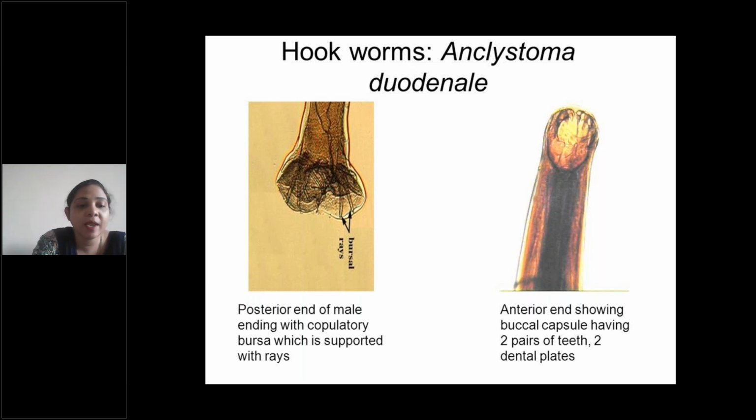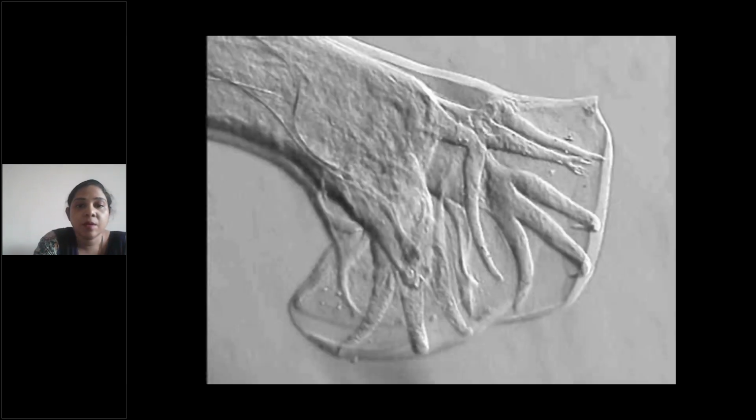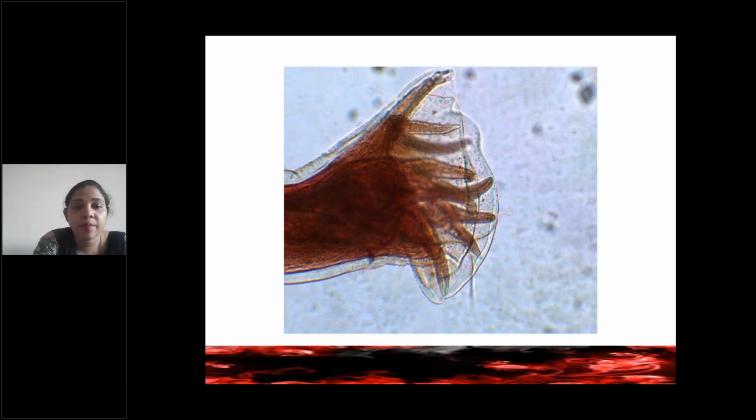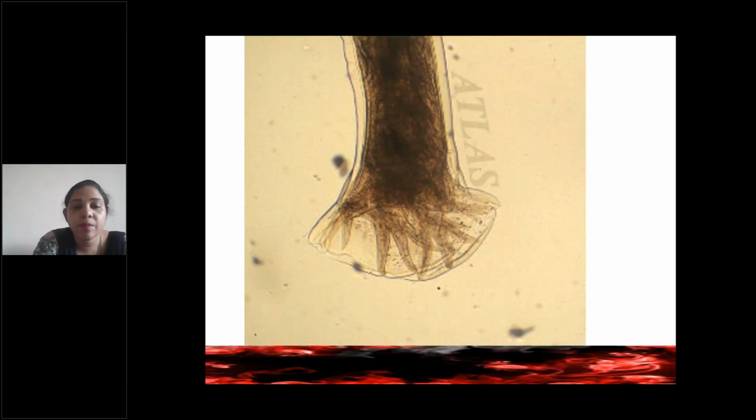Posterior end of male ends with the copulatory bursa, which is supported by rays. Can you see this? These are called rays. This is the copulatory bursa. It is divided into 3 lobes: 1, 2, 3.